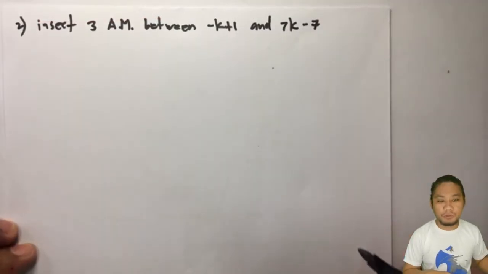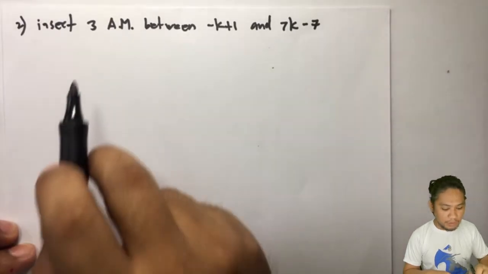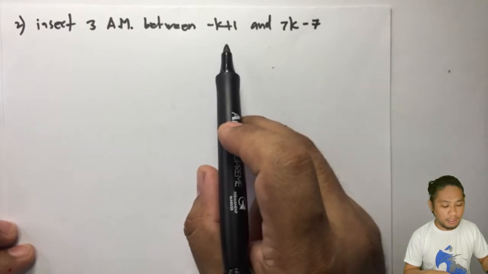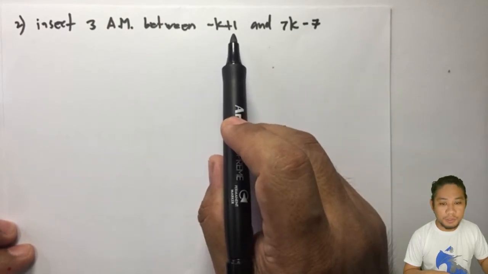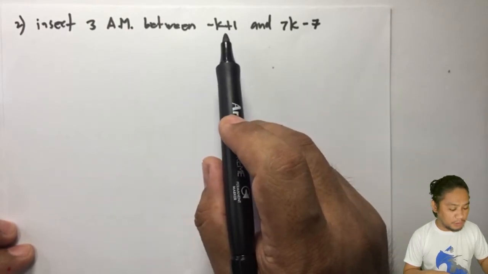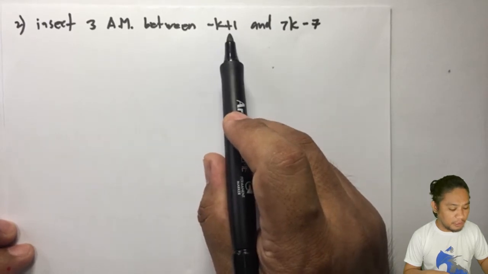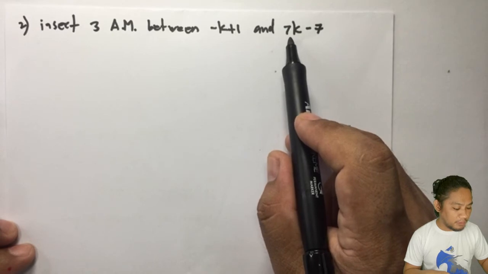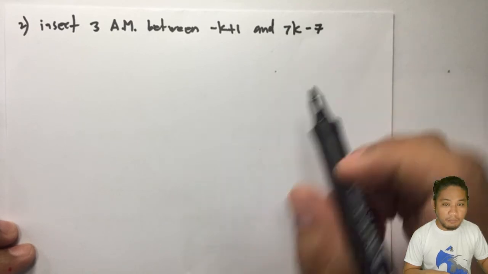So we now move to our second example. We are going to insert three arithmetic means between two terms, but in this case, our two terms are expressed as expressions. The first term is negative k plus 1, and the last term of the sequence is 7k minus 7.